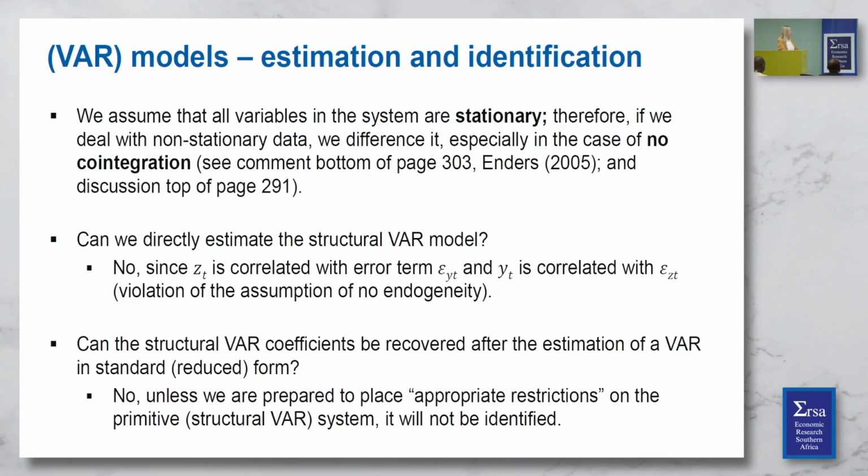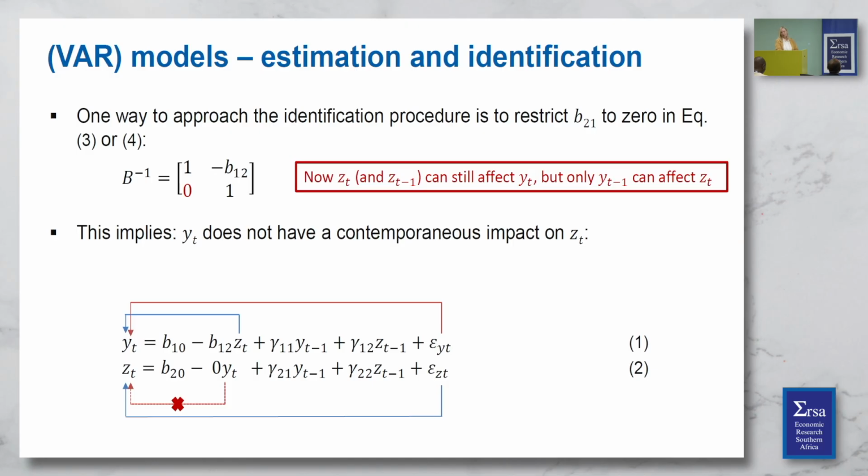So can the structural VAR parameters be recovered? Only if we place appropriate restrictions. And that again is as difficult as doing it in the VECM, as we will see.